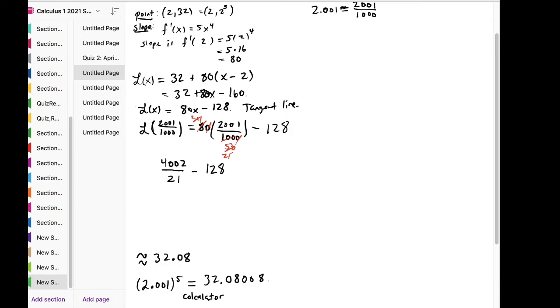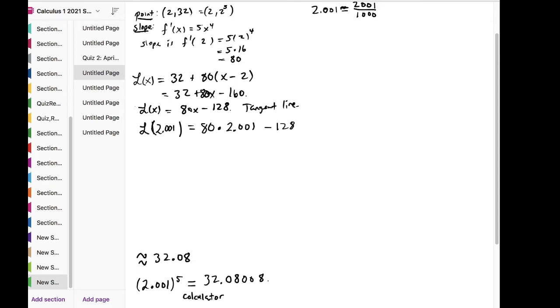Okay, what's 128 times 21? Oh, okay. Maybe yeah, let's just use decimals here. It's probably easier. I like fractions too much. 2.001. So 80 times 2.001 minus 128.